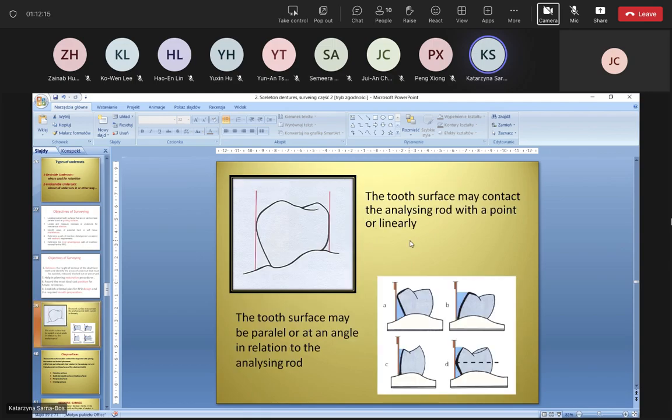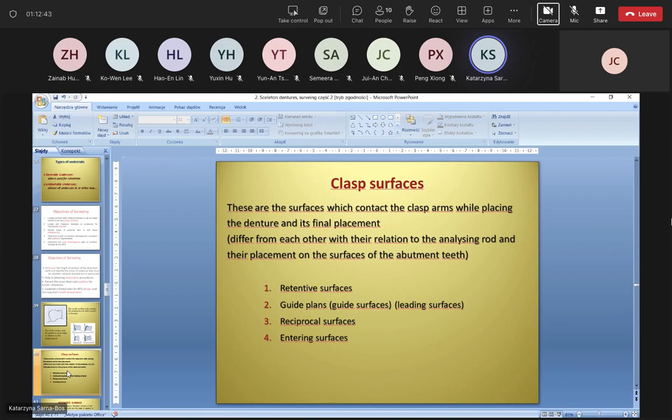So the tooth surface may contact the analyzing rod with a point, like you see here, or linearly, like you see here. The tooth surface may be parallel to the analyzing rod, or at an angle in relation to the analyzing rod. You see an angle here and an angle here. And thanks to that, we can find the clasp surfaces.